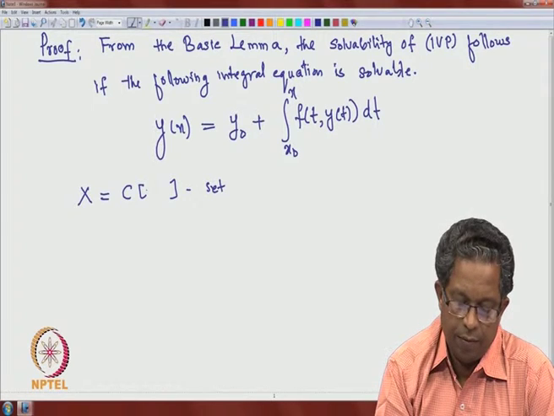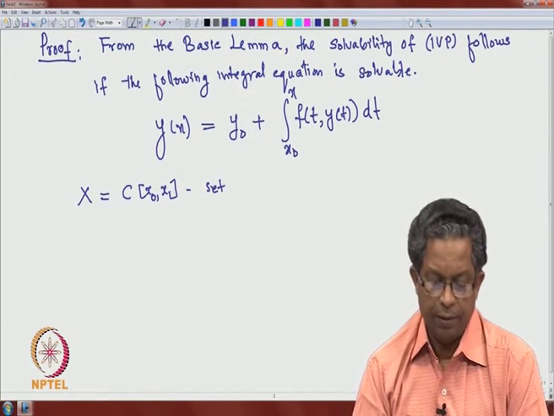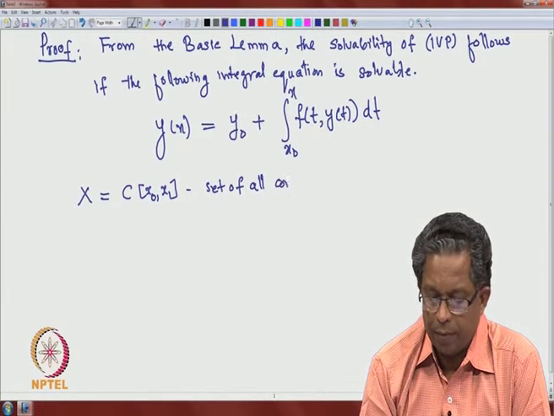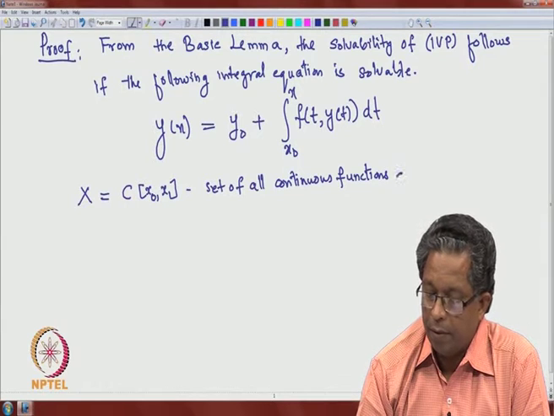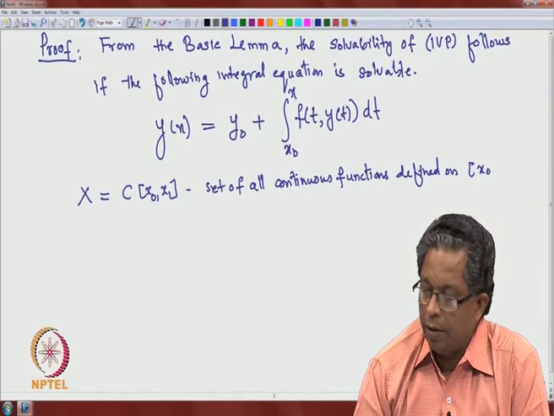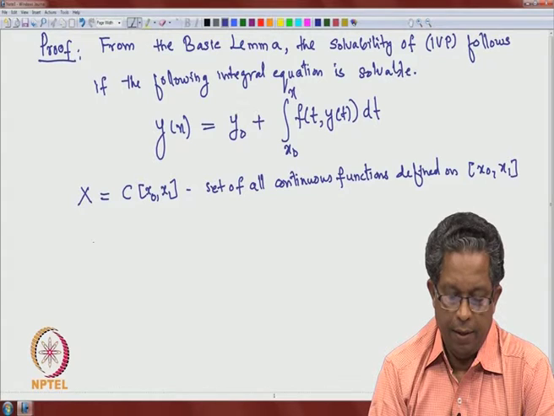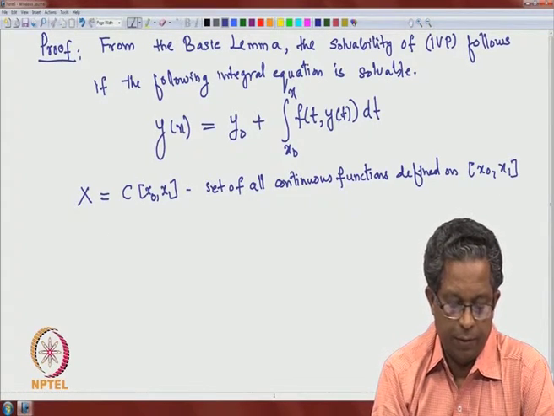Our interval is, we are looking for a solution from x0 to x1, for some x1 greater than x0, the set of all continuous functions defined on the interval [x0, x1]. And it is easy to show that this X is a Banach space.